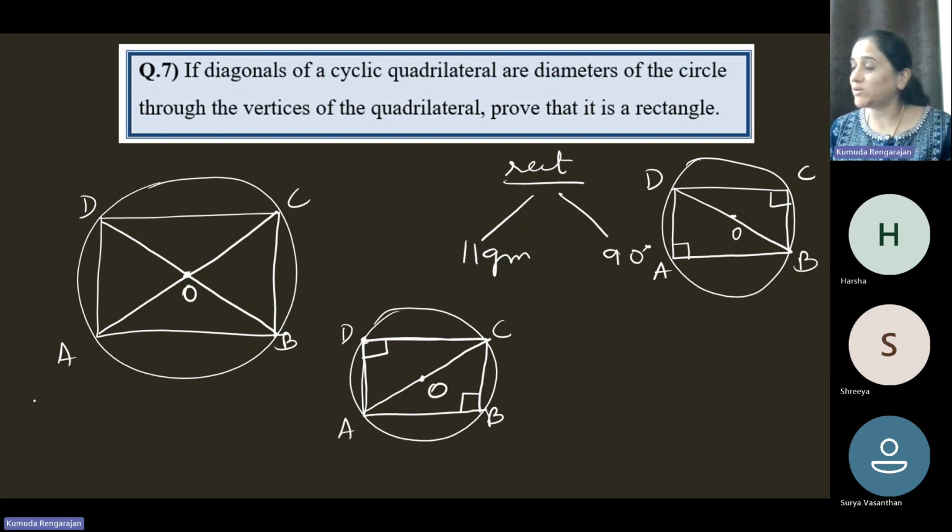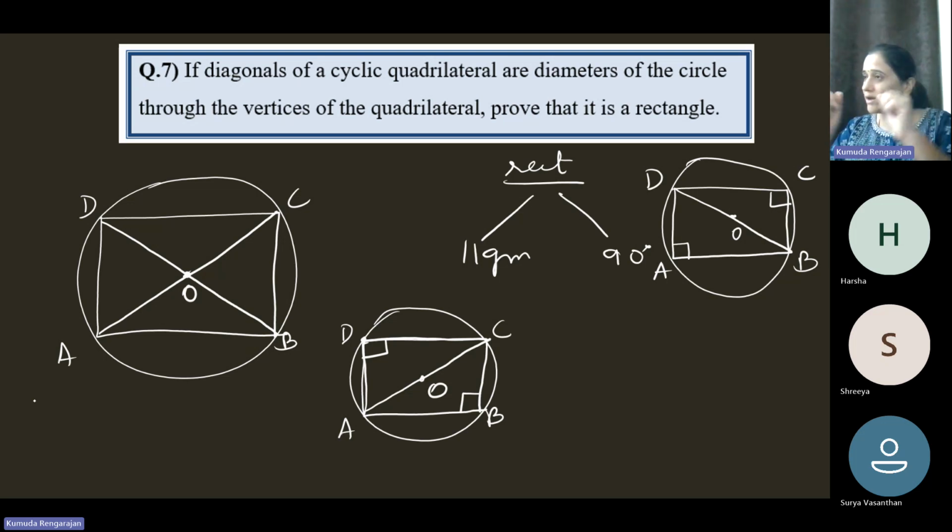Now to prove it's a parallelogram, you must say the diagonals have the same midpoint, not the diameters, because you're proving that the quadrilateral is a parallelogram. So don't say that they're diameters. We understand that O is the midpoint of AC and BD because they are diameters.